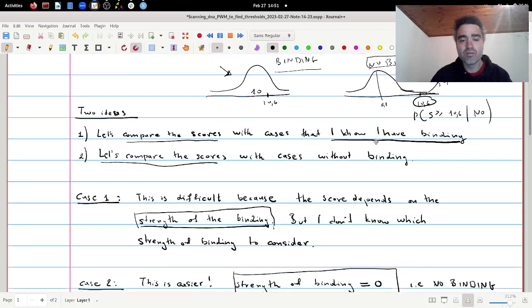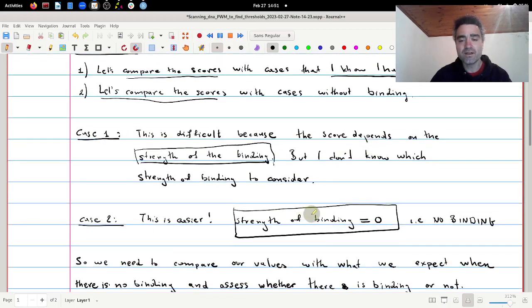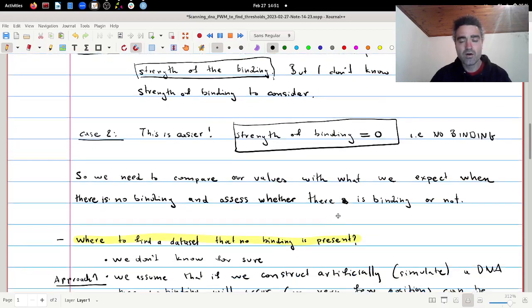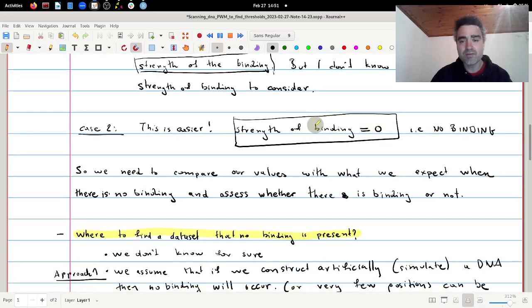So when there is no binding, there is no affinity, there is no strength of binding, everything is 0. Okay, that's much better now. We don't really have to consider different affinities. So we need to compare our value with what we expect when there is no binding and assess whether there is binding or not.